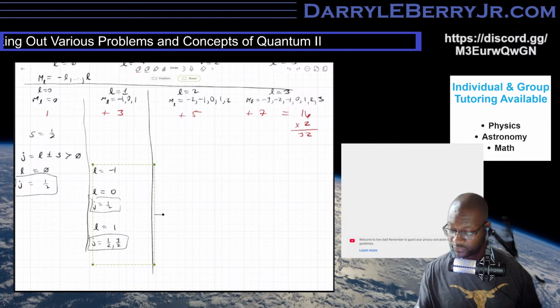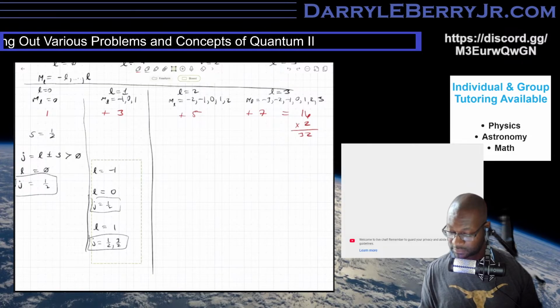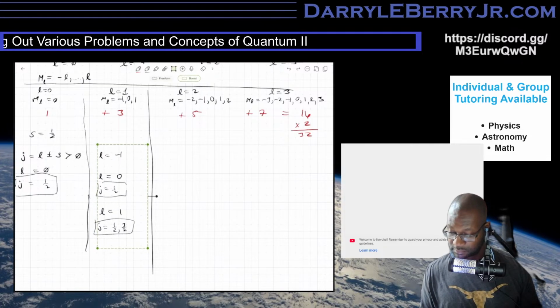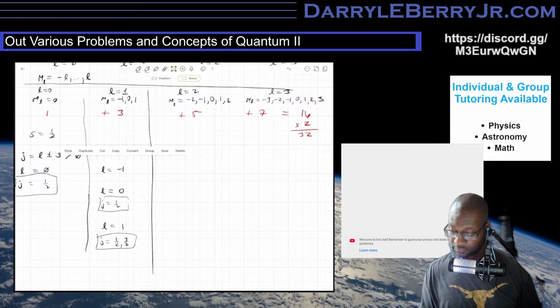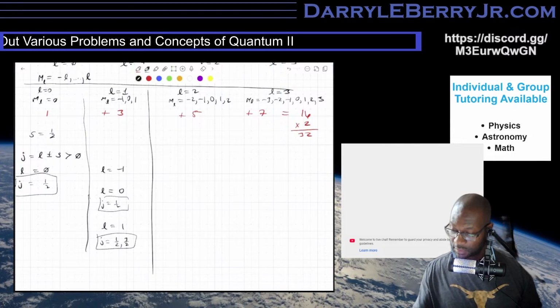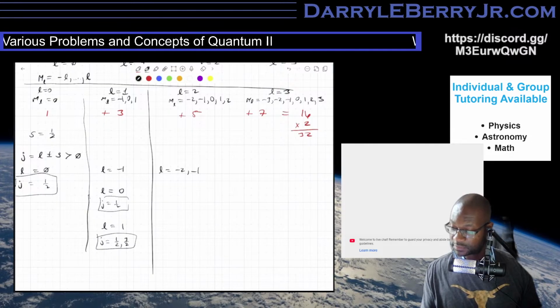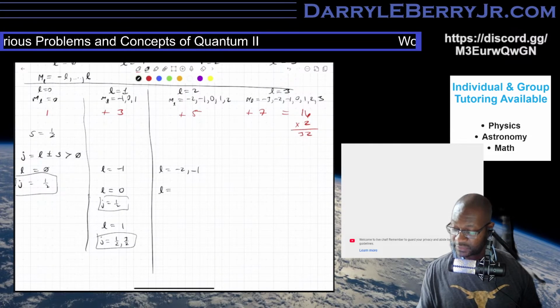I can actually move these up a bit. If L equals negative 2 or negative 1, it'll be negative, so that doesn't count. If L equals 0, j equals 1/2.